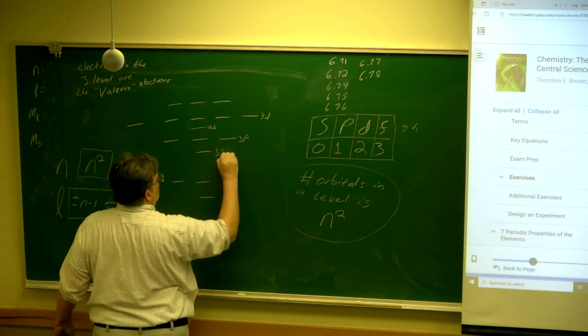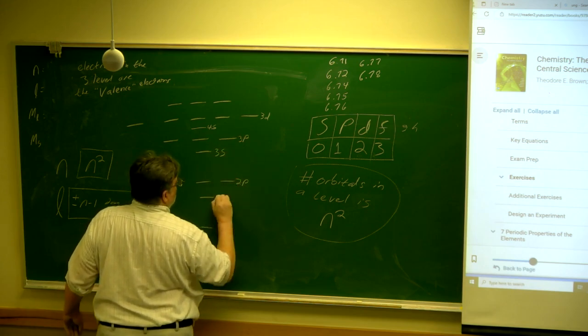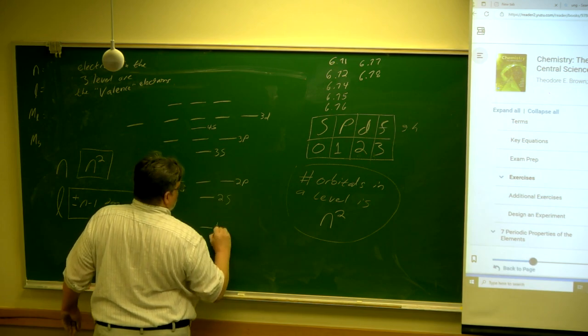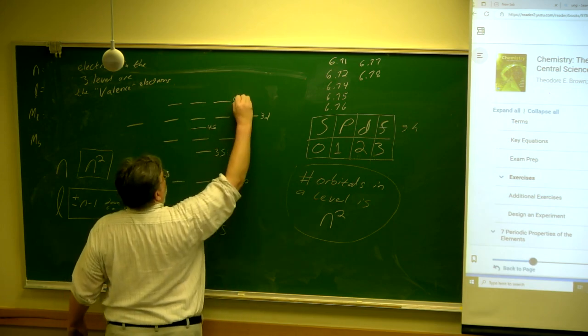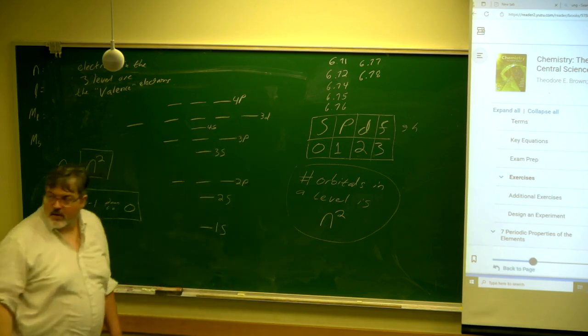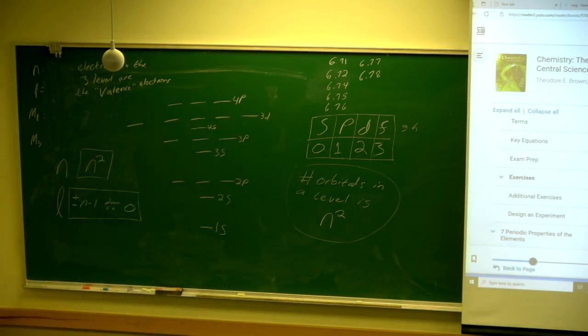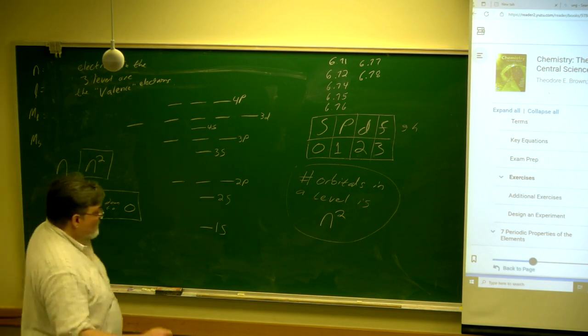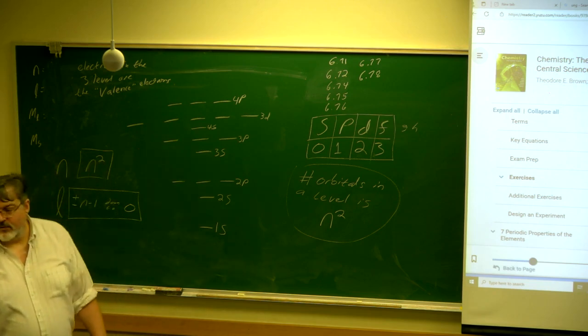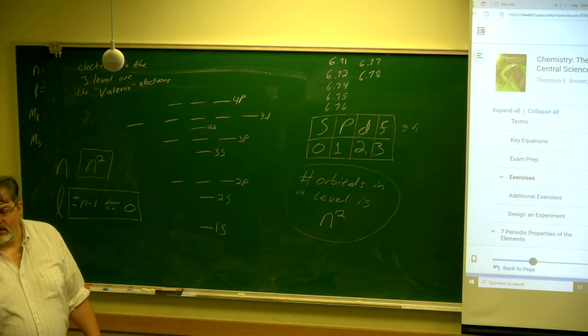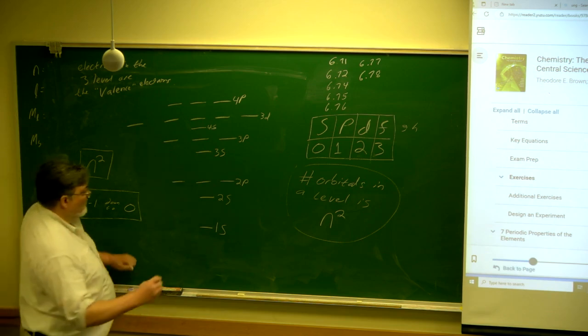P, S. Where did I say bromine? That's where we are. 1, 2, 3, 4. What's the number for bromine? It's called the atomic number, but it also means the number of protons. 35.